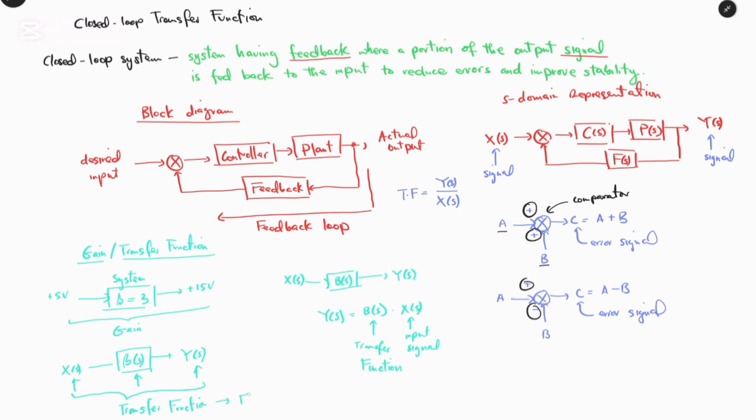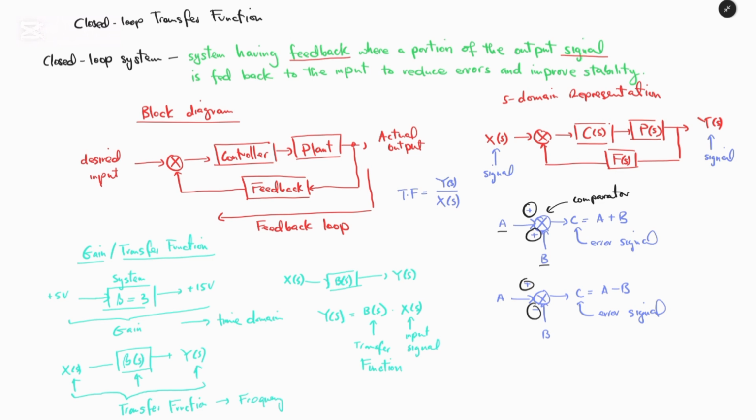So it is mostly in the frequency domain, and this gain can be in the time domain. So I think all of this can help you to understand the difference between the gain and the transfer function and the summing operation of a system.